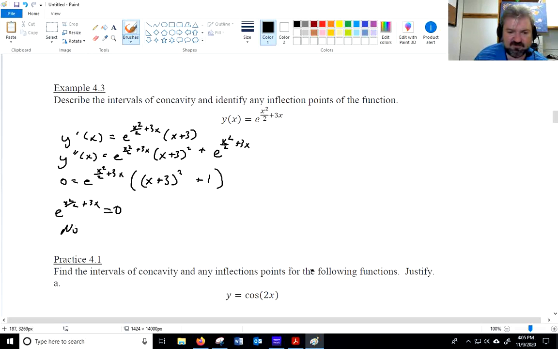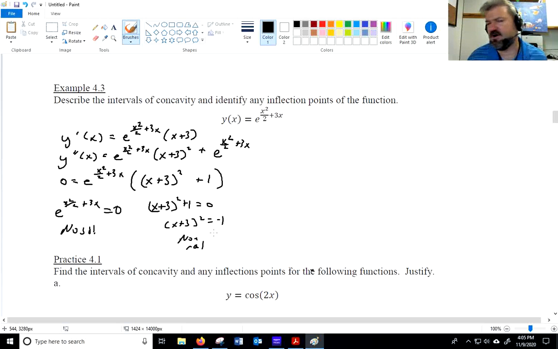But there's no solutions there because e to any power is never 0. And then I can set x plus 3 squared plus 1 equal to 0. But that's not going to work either because I have x plus 3 squared equals negative 1. And that's non-real. So there are no values that make y double prime equal to 0.